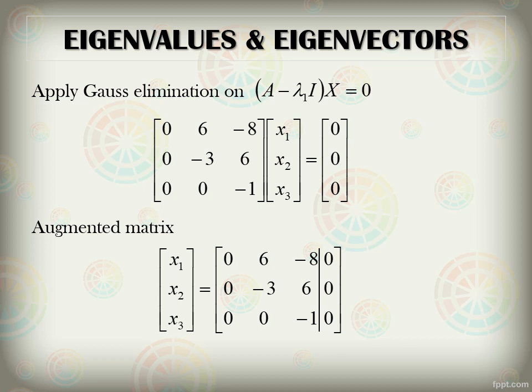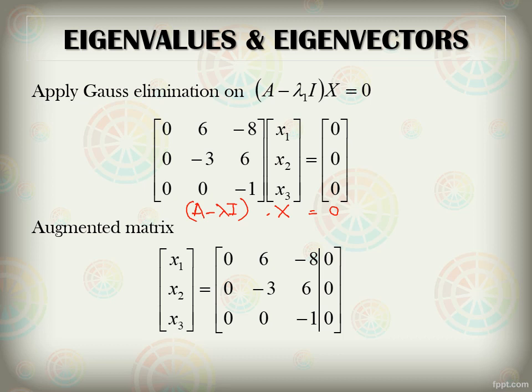So rewrite the matrix. This is matrix A minus lambda I, times matrix X, equal to 0.